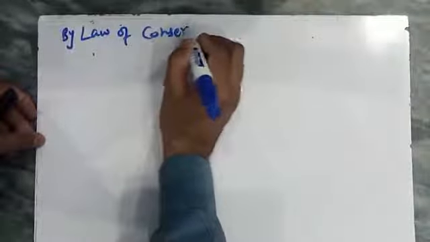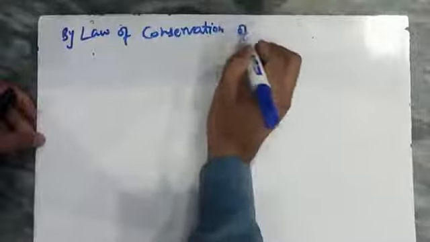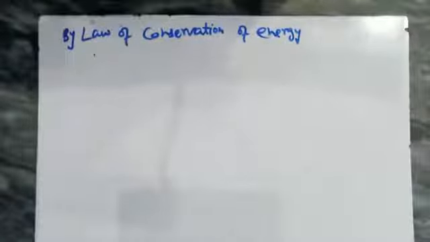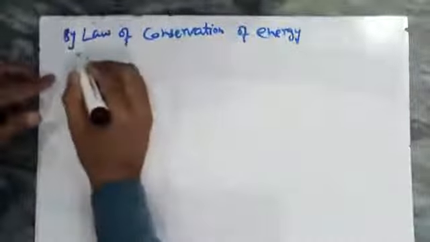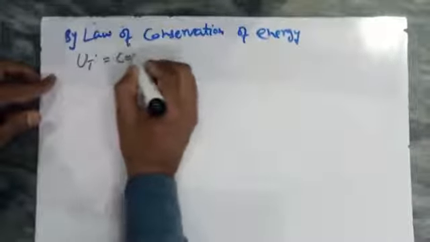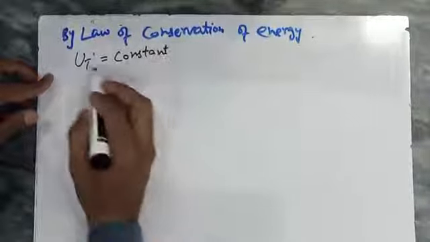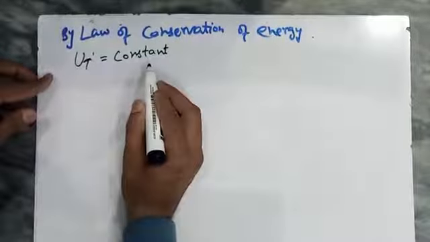When total energy of the system remains constant, then time derivative of total energy must be equal to 0. So by law of conservation of energy, total energy remains constant and derivative of a constant quantity is equal to 0.